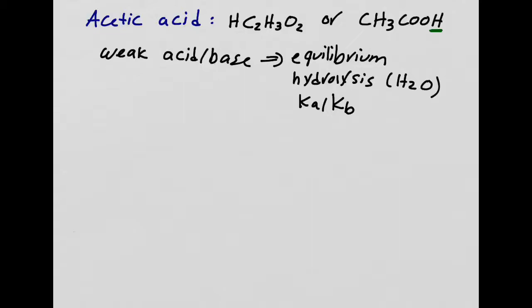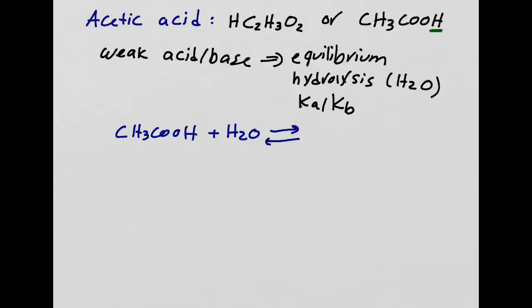Okay, now let's do a hydrolysis for acetic acid. CH3COOH is a weak acid, so I want to add it to water, with a double arrow, because it's a weak acid, it has an equilibrium.